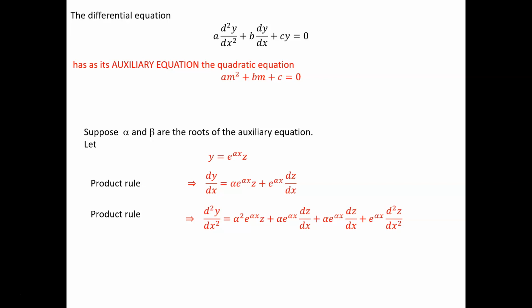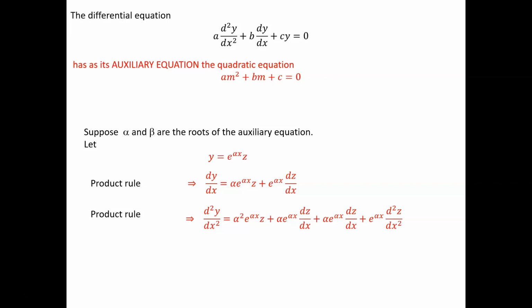So those two terms are the result of differentiating alpha e to the alpha x z using the product rule. Then we must differentiate e to the alpha x times dz/dx, again using the product rule. So that will give me alpha e to the alpha x times dz/dx plus e to the alpha x times d2z/dx squared.